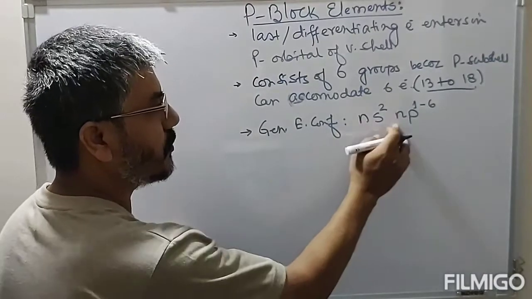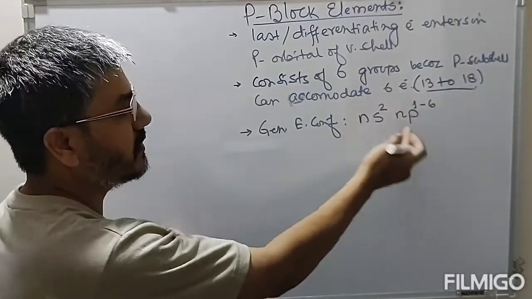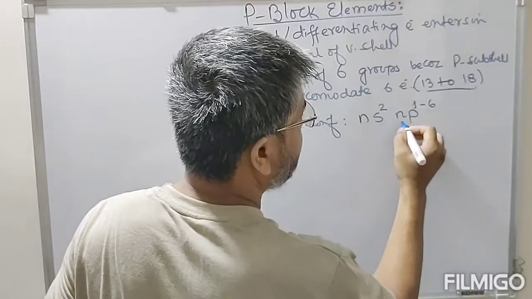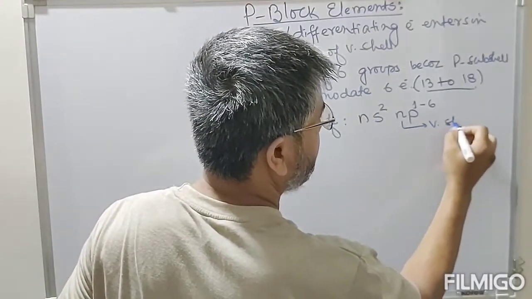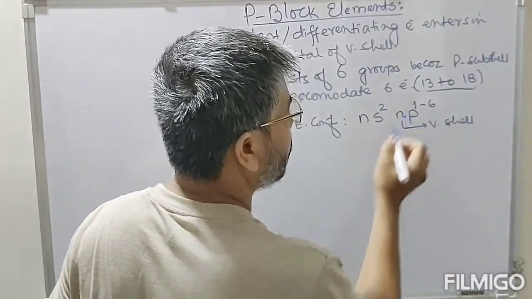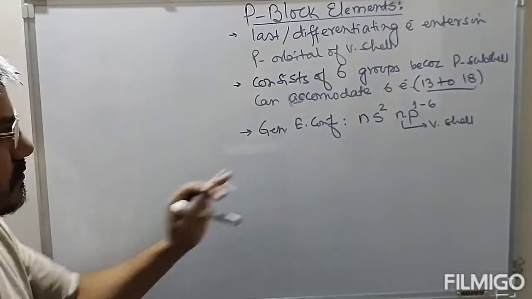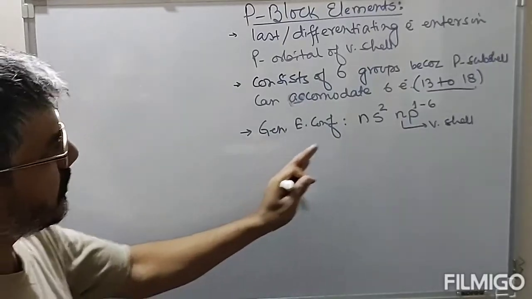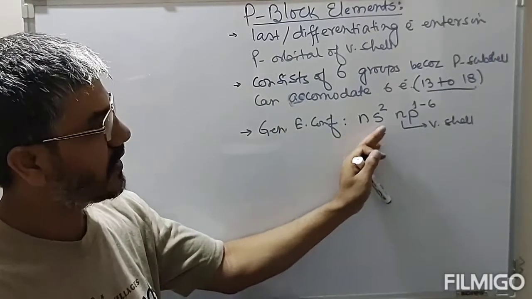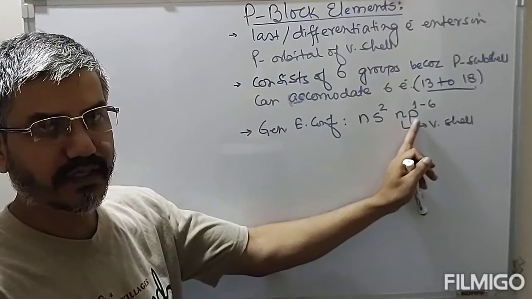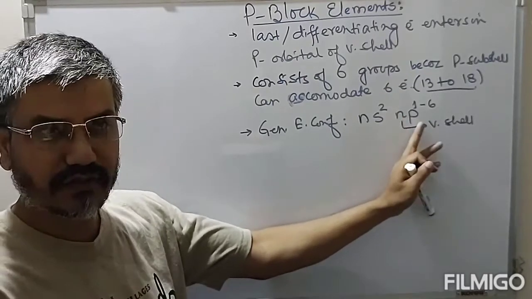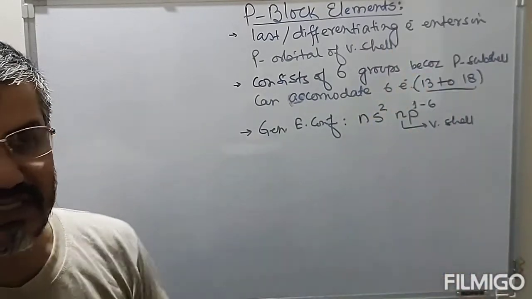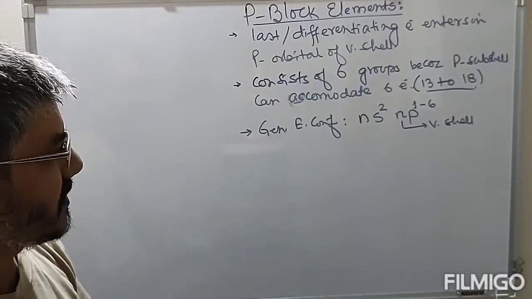So electrons are progressively entering p orbital of the valency shell, where this n is the valency shell and this is the number of electrons. Starting from the first electron entering in p orbital, we can have p1, up to p6.